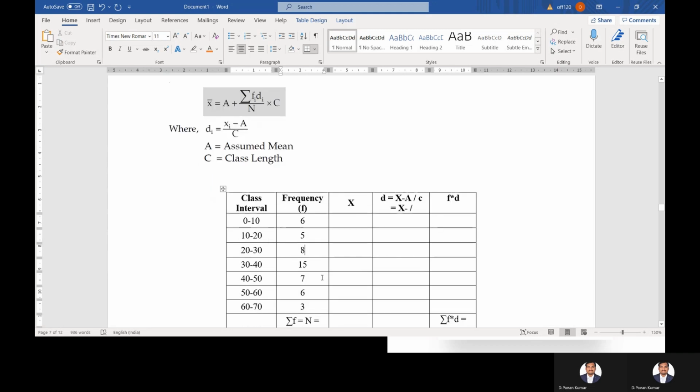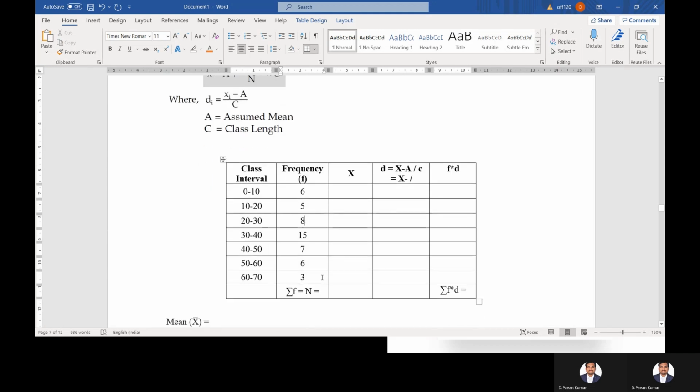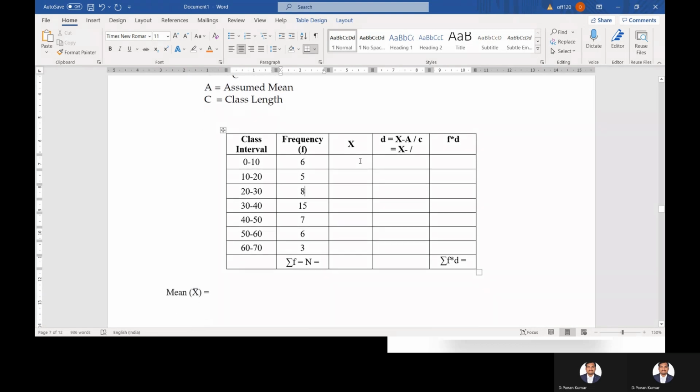Okay, now I'm taking the previous problem to find out the same in the step deviation method. First step is what? We simply find out the mid values of the given distribution. Okay, now 35, 45, 55 and 65. See that all the time it might not be very easy for us to do the multiplication.